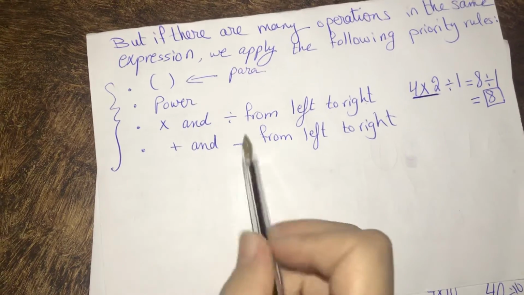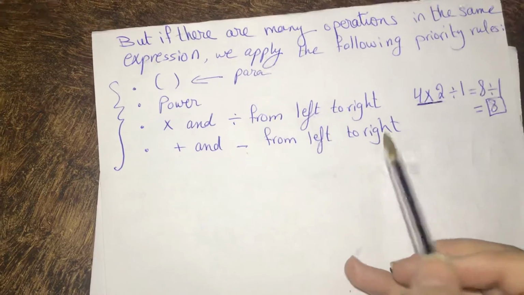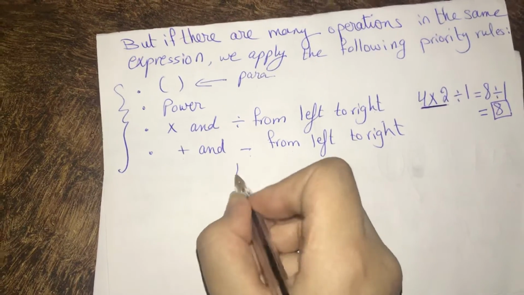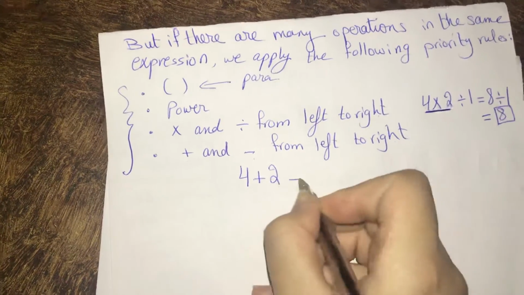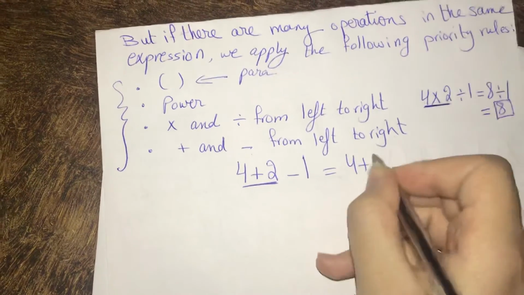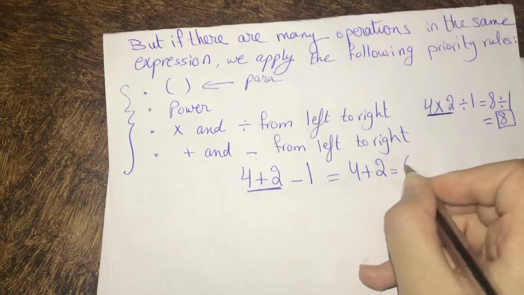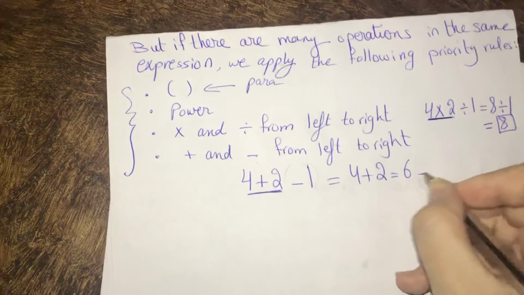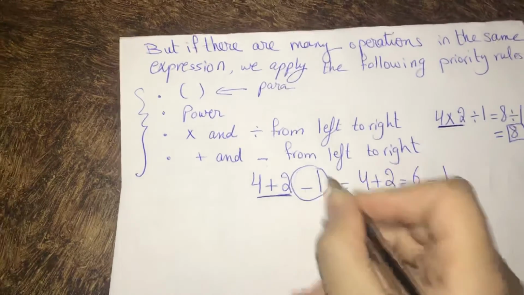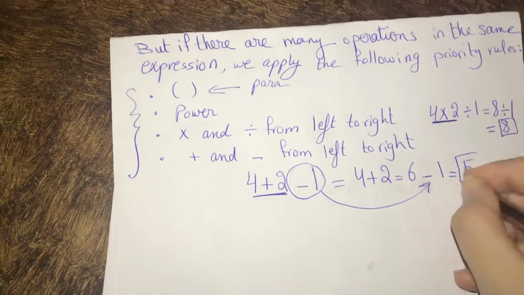If you have plus and minus, you go from left to right, for example, 4 plus 2 minus 1. You should take 4 plus 2, which is 6, and minus 1. So 6 minus 1 is 5.